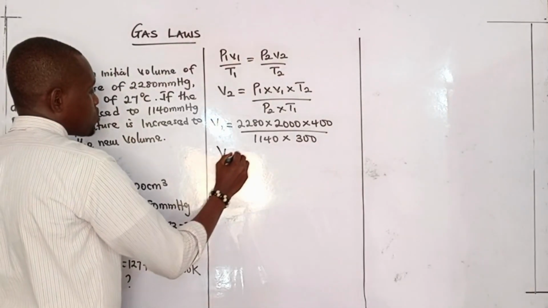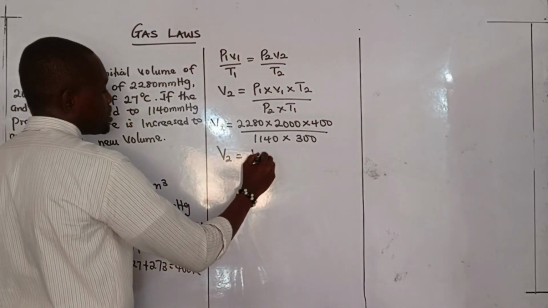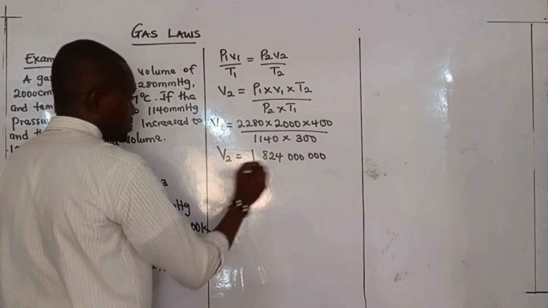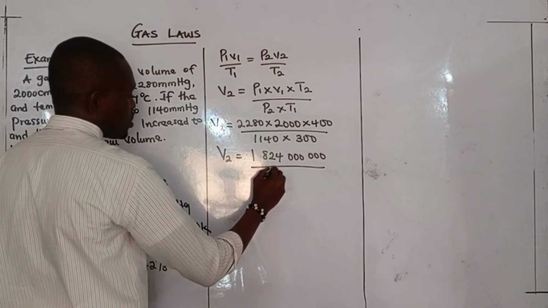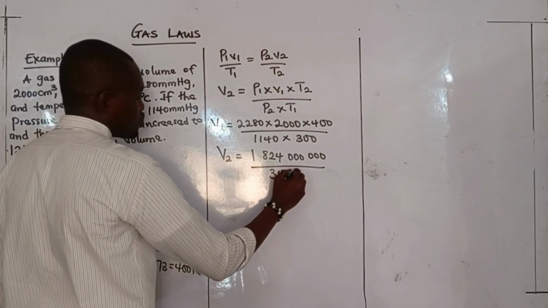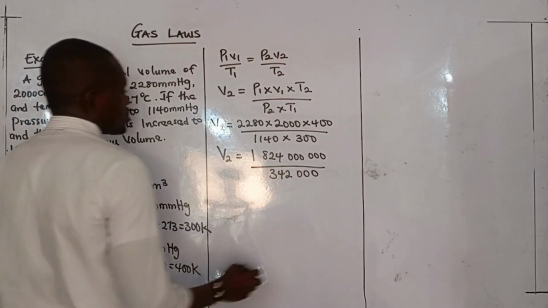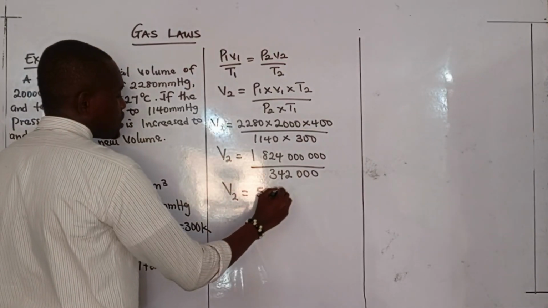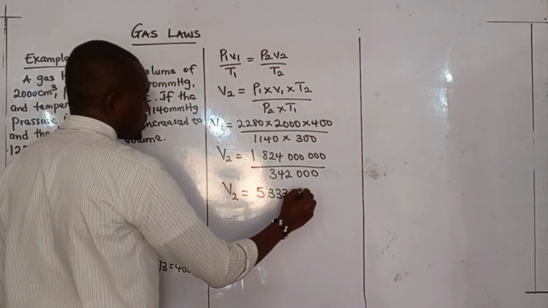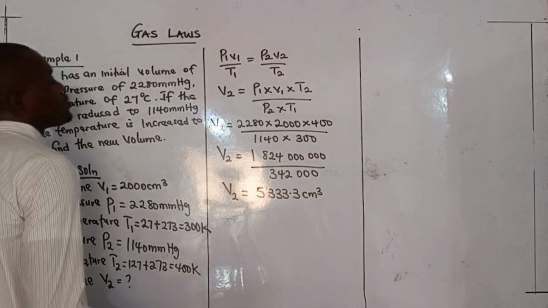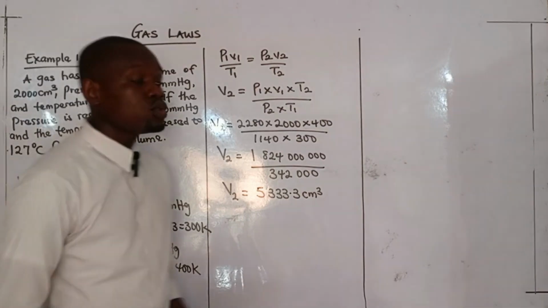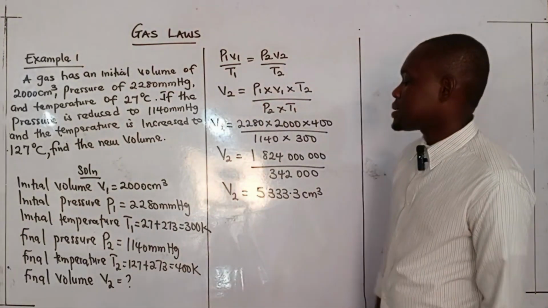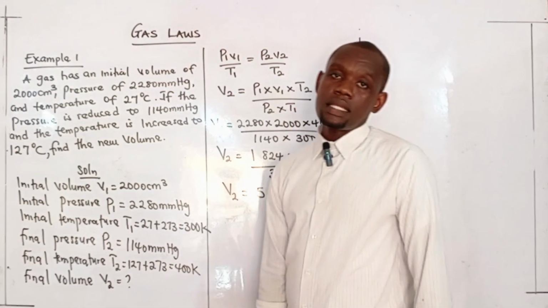By the time we multiply, this should give us 1,824,000,000, divided by this, which should give us 342,000. So by the time we divide, we are going to have 5,333.3 cm³. So the value of our new volume is 5,333.3 cm³.